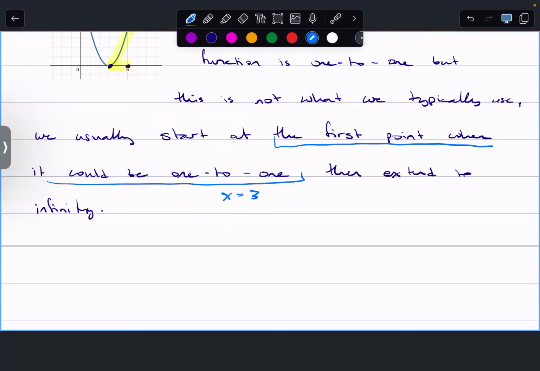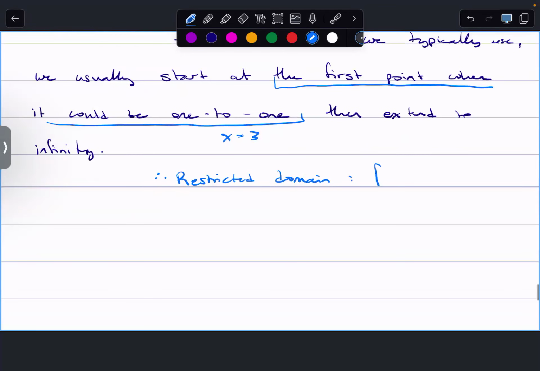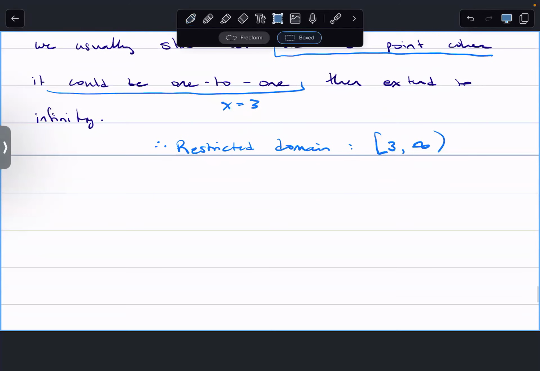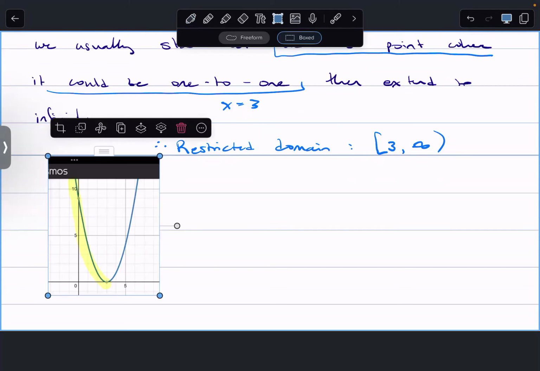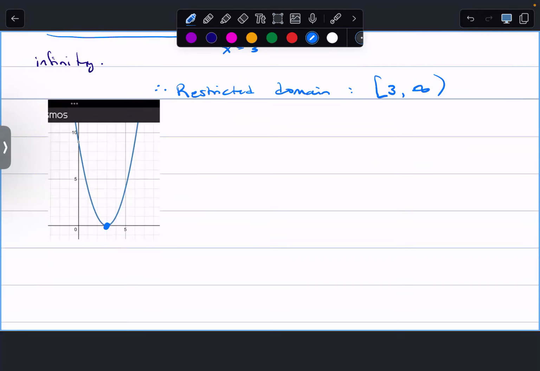So our restricted domain is on the interval, I'll include 3, it's up to you. Might be easier to include 3. 3 to infinity. So now we're going to include this here and only look at these guys, and these guys have gone away.